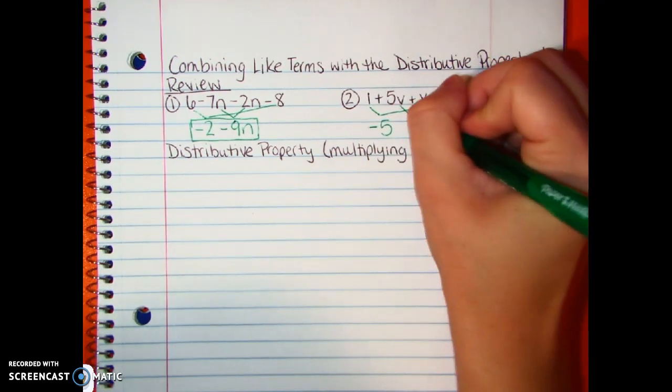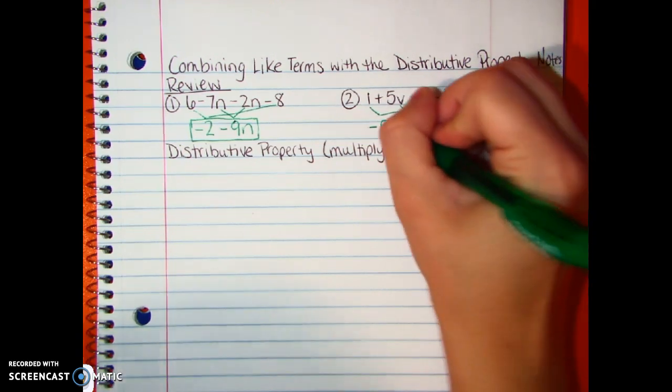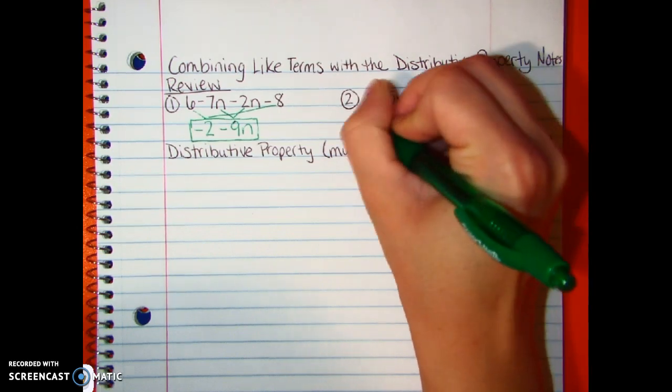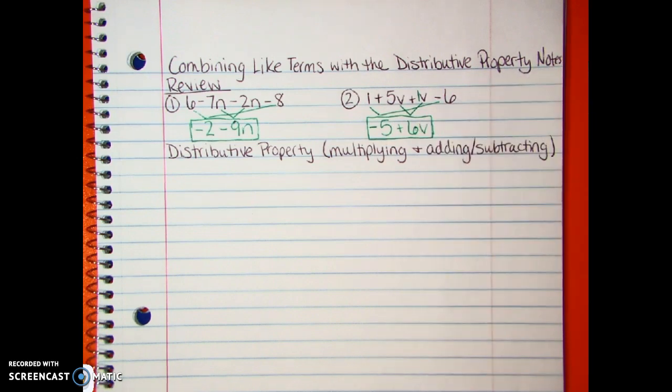And then 5v plus, there's technically a 1 there, is 6v. And these are not in standard form. Probably the next lesson we'll go over standard form if you don't remember what it is. Okay, so that's that for the review.